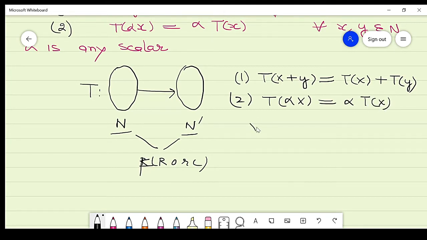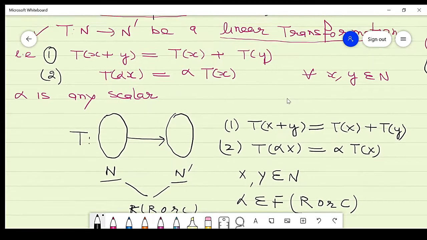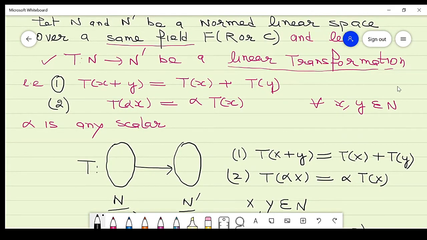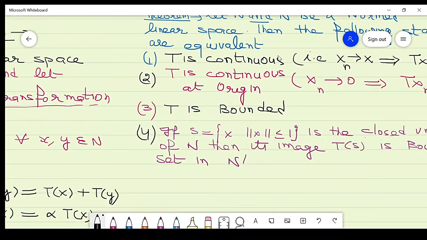Here x and y are members of the normed space N, right? And alpha is any scalar which belongs to the field. If the field is real, then it belongs to R. If the field is complex, then it belongs to C. Clear? Now this is the definition of linear transformation, which is a very important definition on a normed linear space.